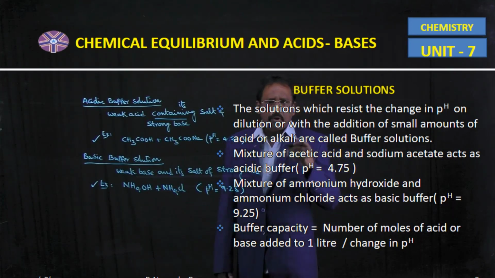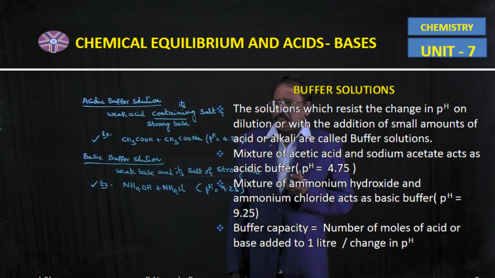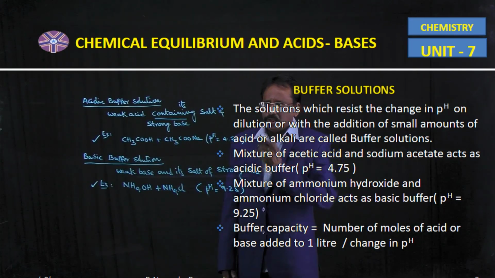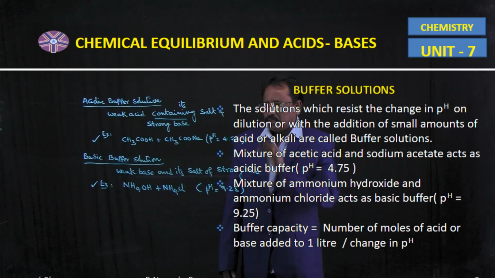If you add small amount of water to the mixture of acetic acid and sodium acetate, there is no change in the pH of the solution. It is approximately equal to 4.75. That's why this solution is said to be buffer solution.